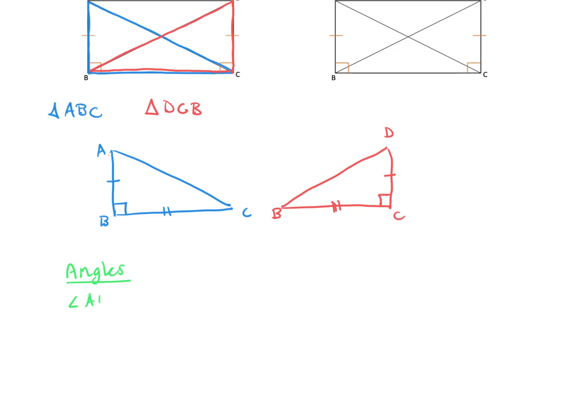All right, so our congruent angles, we're going to have angle ABC. That's right here at angle B. And I don't want to say just angle B, because if I look at this triangle, angle B is not the same as this angle B. So I want to use my 3 letters to identify. Angle ABC is congruent to this right angle over here, angle DCB.